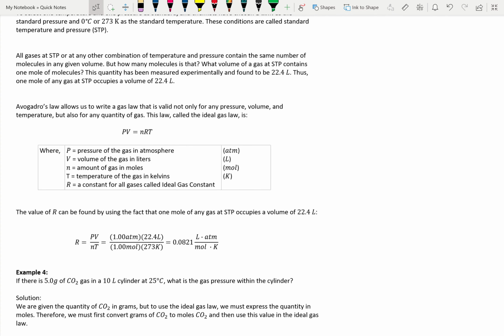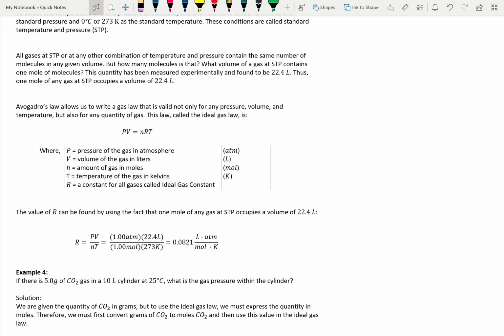The value of R can be found by using the fact that 1 mole of any gas at standard temperature and pressure occupies a volume of 22.4 liters. So, if you remember, at standard temperature and pressure we have 1 atmosphere and 273 Kelvin for 1 mole of gas.